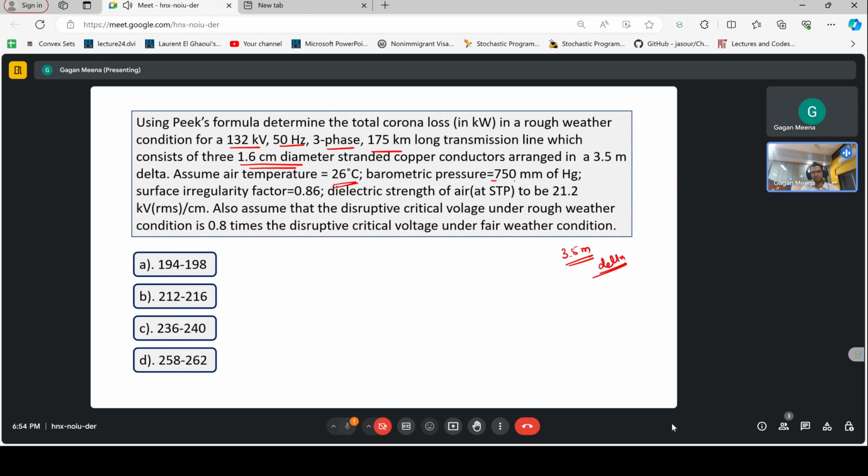This is 0.392 multiplied by 750 divided by 273 plus 26.